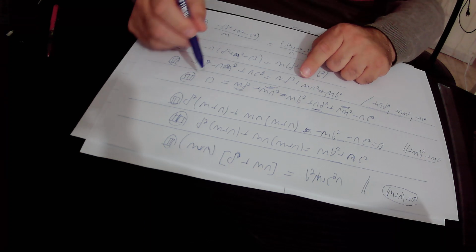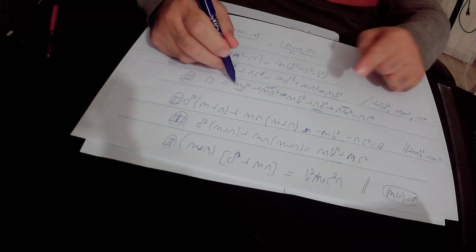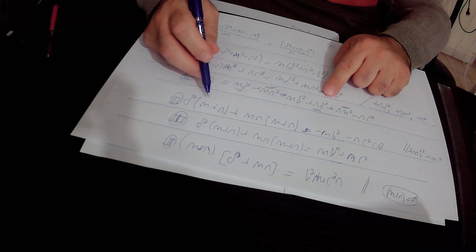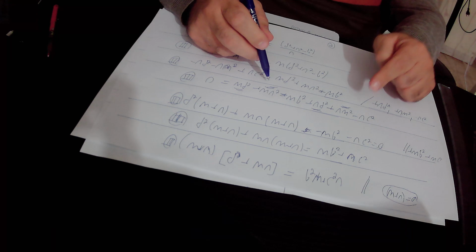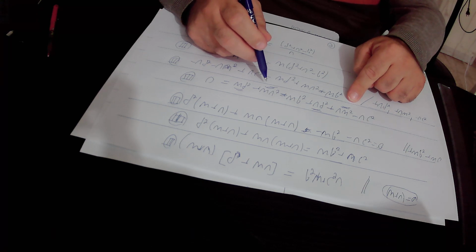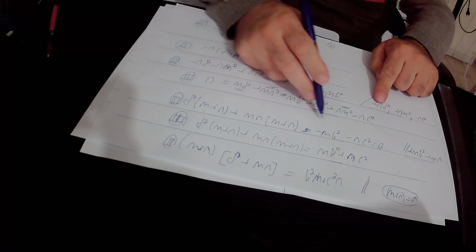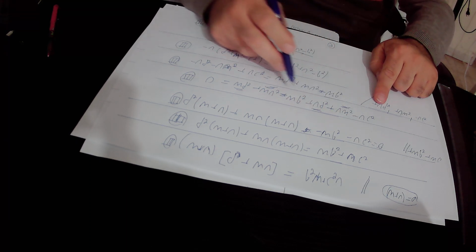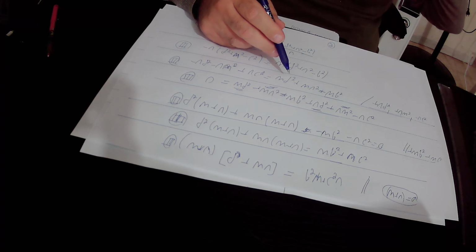Then we took d square as a common factor out from m d square and also from n d square. So inside the brackets we have m plus n. Then we took m n as a common factor from n m square and also from m n square. Inside the brackets we are left only with m plus n, minus m b square minus n c square equals 0. We added to this equation number 3, m b square and also n c square.